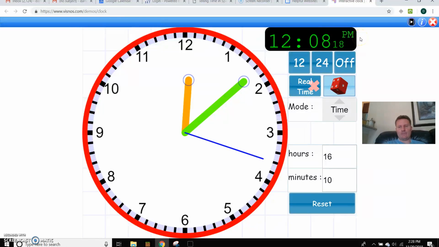And I have sent or have given you, and it's also on my website, some telling time notes. And those notes are very helpful to remember all these little words, de la mañana, de la tarde, son las, es la, all that good stuff, and explaining the singular versus plural. So always refer to those notes to be able to help you out.